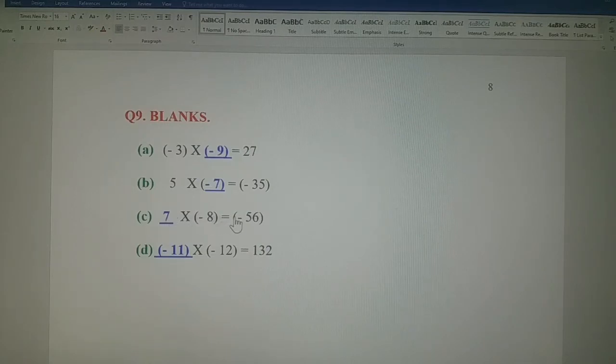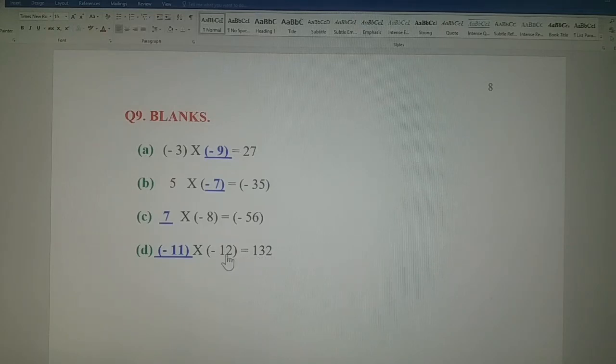Positive into negative, answer will be negative. So 8 is negative, so 7 has to be positive. Different sign multiplication, the answer is negative. Required answer, positive sign.